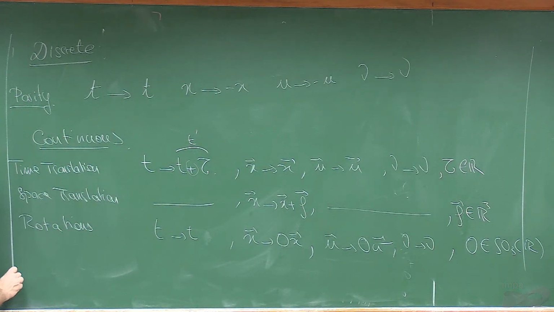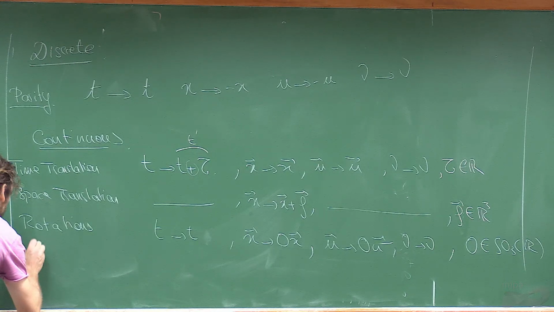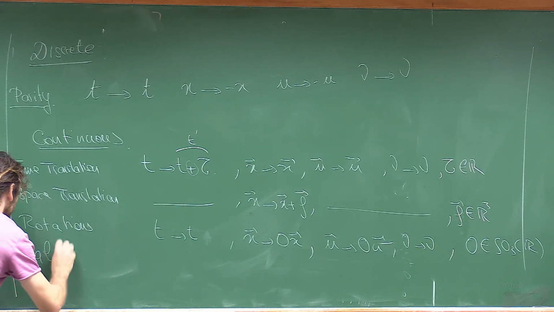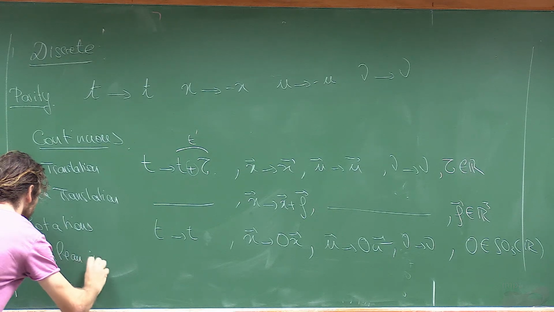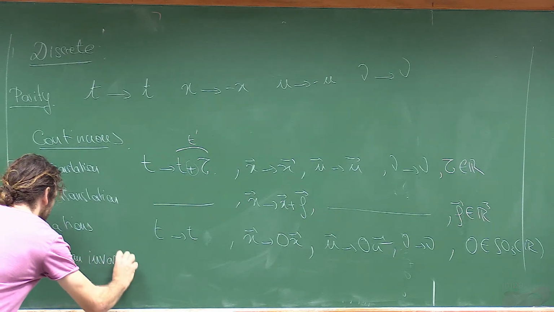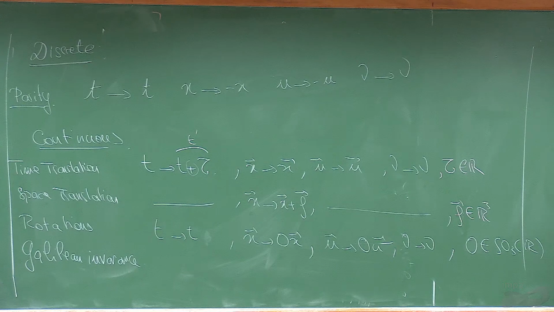Another one which is obvious, which comes directly from the physics, is the Galilean invariance. Galilean invariance basically states that since Newton's law is a statement about the acceleration, or the derivative of the velocity, adding a constant velocity will not change the law.